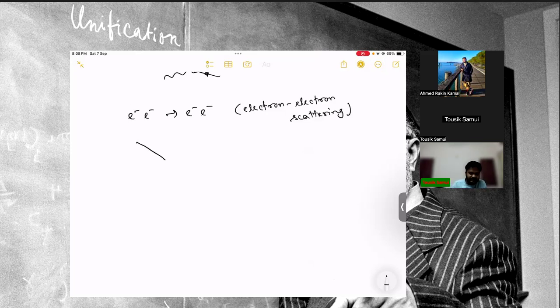One is similar to the previous. The only thing is that instead of complex scalar fields, we have fermions, and instead of the real scalar field, we have the photon here. So the diagrams will be exactly the same, just with this replacement.